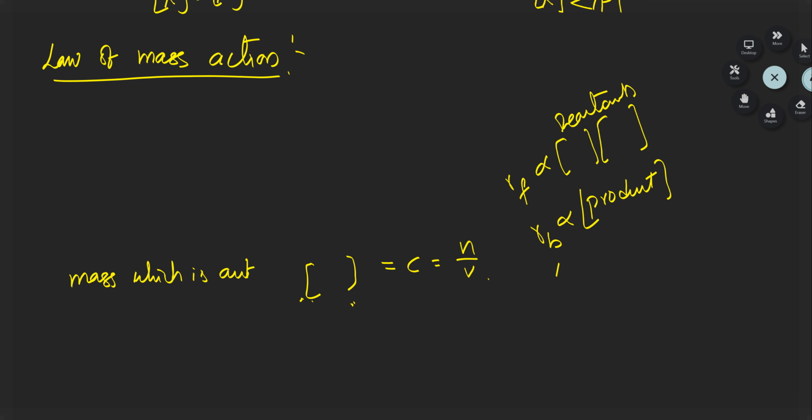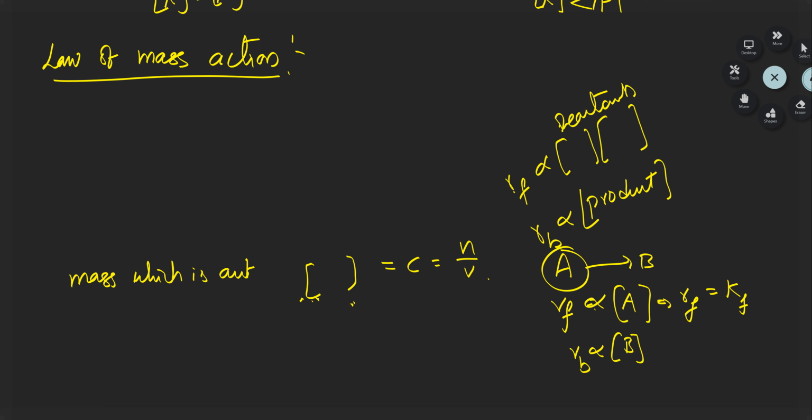So what we can write is, for example, A gives rise to B. The rate of forward reaction, RF, is directly proportional to the active mass of the reactant A, which is the concentration of A. RB is directly proportional to the concentration of B. RF is equal to Kf into the concentration of A, where Kf is the rate constant of the forward reaction.